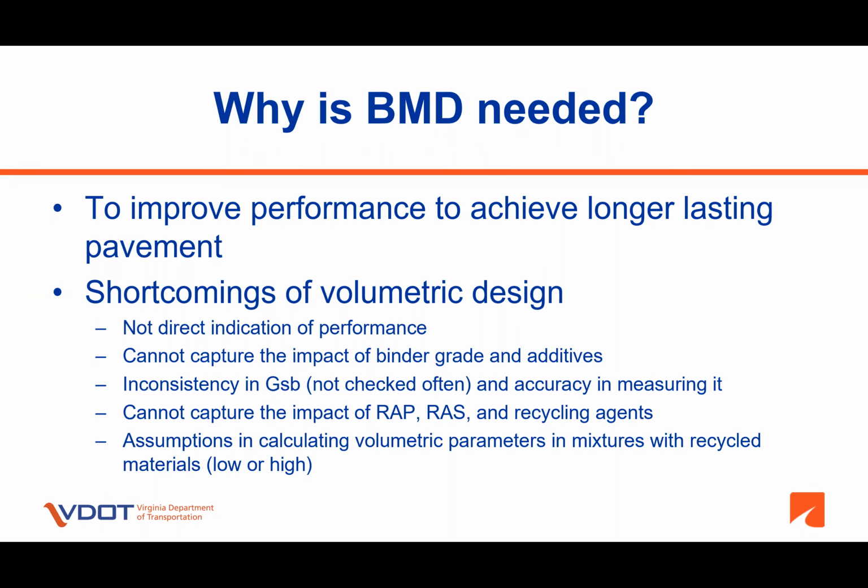Finally, the assumptions we make in calculating volumetric parameters in mixtures with recycled materials, whether low or high, are based on assumptions that may not be entirely true or happening with mixtures. For example, the assumption of full blending between RAP binder and virgin binder, and the assumption of how we calculate RAP aggregate specific gravity.